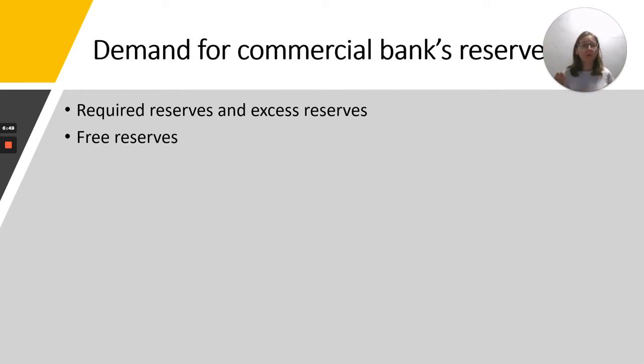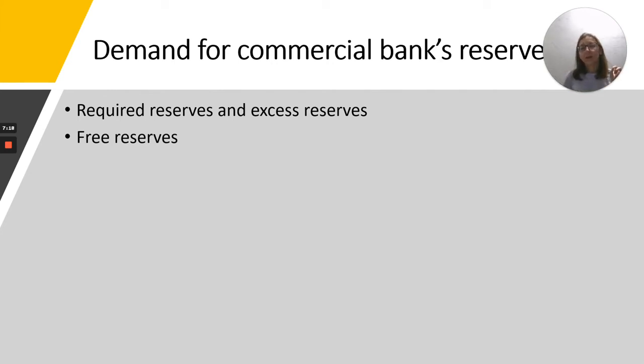Required reserves is a percentage of the deposits which commercial banks cannot lend. They need to keep it. This required reserve is set by the central bank, and it's set on purpose as a regulatory mechanism for commercial banks. So one thing is that commercial banks have to have some money preserved inside, which they cannot lend.